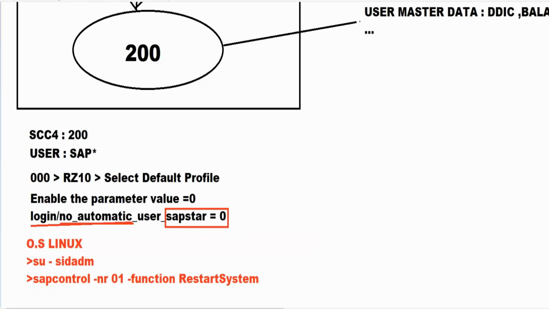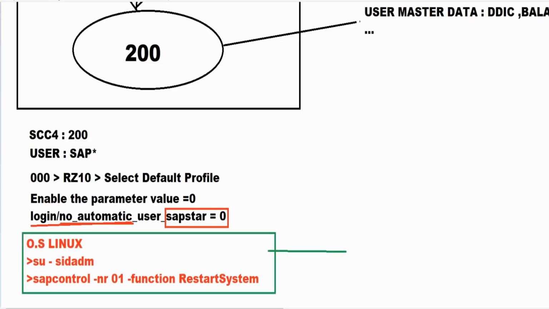So in every office we have an OS team. What you're gonna do is you just mail them, restart the server, restart the application server. Definitely you'll get the reply from them.